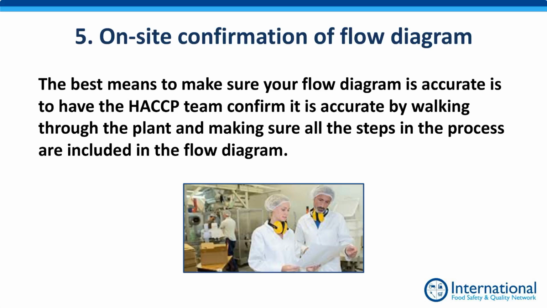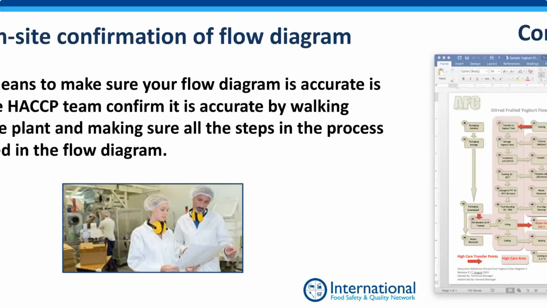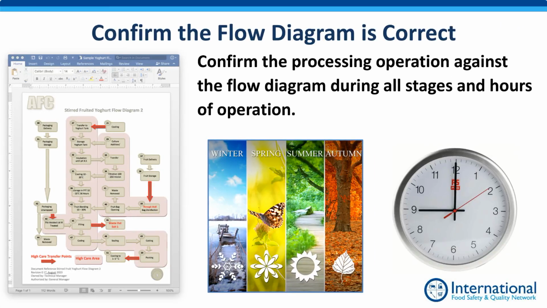Steps should be taken to confirm the processing activities against the flow diagram during all stages and hours of operation, and amend the flow diagram where appropriate. The confirmation of the flow diagram should be performed by a person or persons with sufficient knowledge of the processing operation.